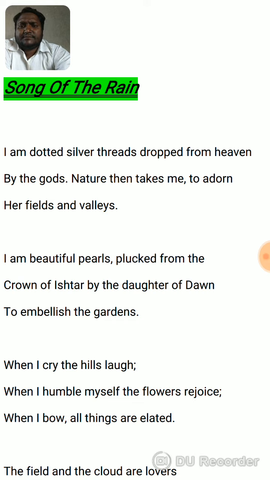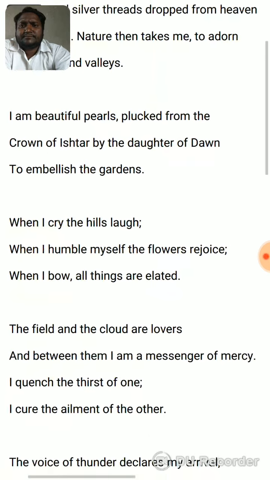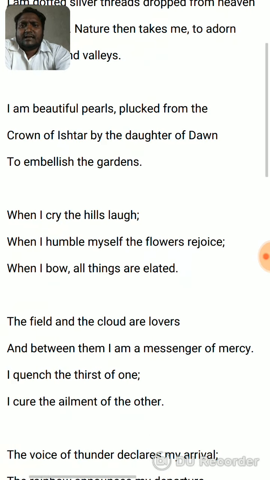Let us go to stanza number 2. I am beautiful pearls plucked from the crown of Easter by the daughter of dawn to embellish the garden. In this stanza, again rain says I am beautiful pearls. Again it is a metaphor because rain is comparing itself to a beautiful pearl or pearls.